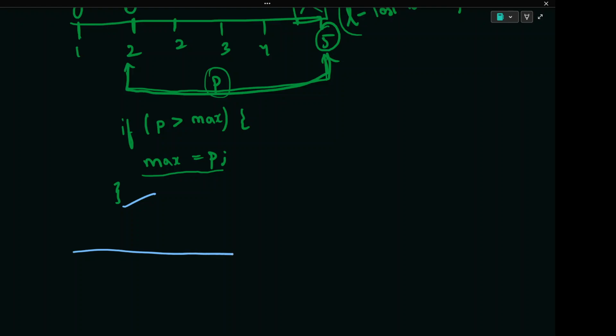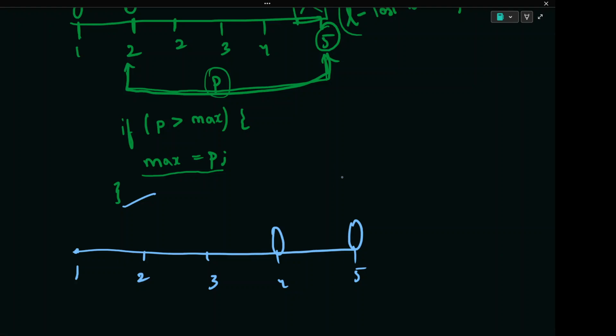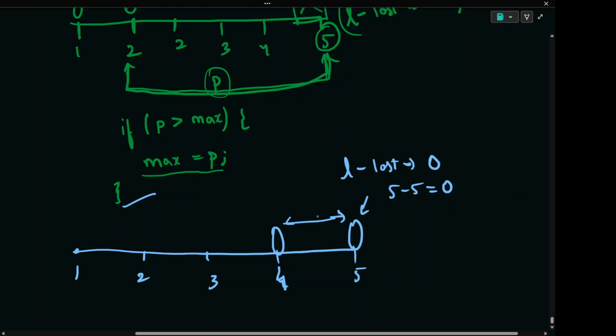Similarly, what if the lanterns are from, let's say 5 again, 3, 4, 5. Lanterns are from here and here. Now L minus the last lantern will be nothing but 0, because the last lantern is at 5, and 5 minus 5 would give you 0. And the max would give you 1 by 2, so 4 plus 5 by 2, the distance by 2.